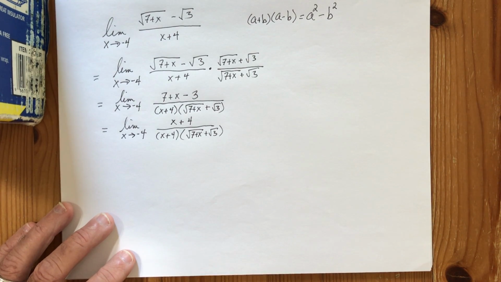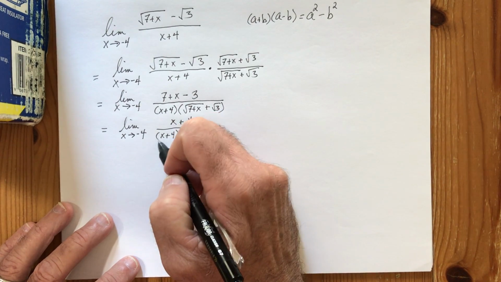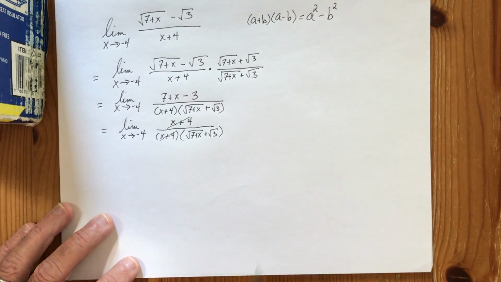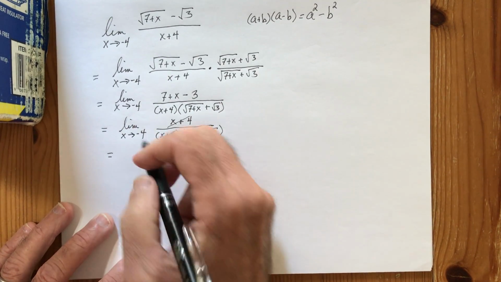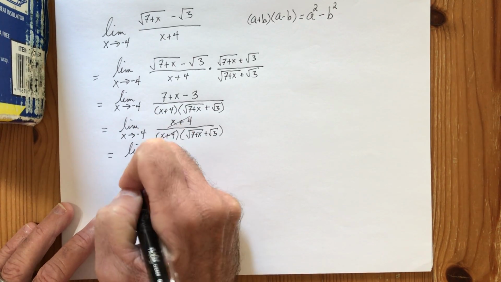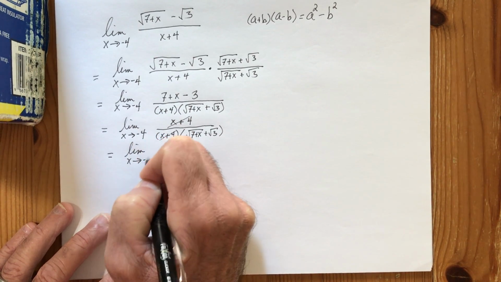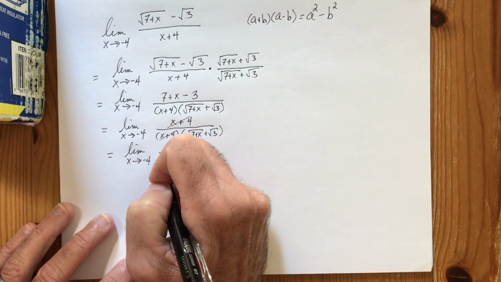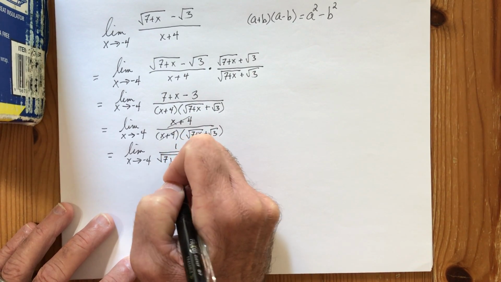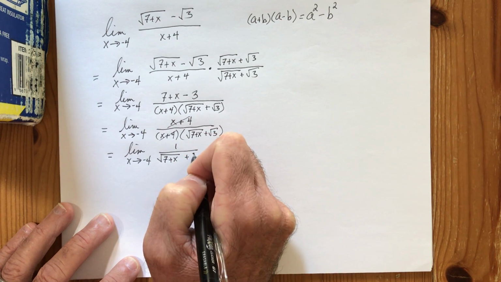Okay, so now hopefully you can see that we can cancel the x plus 4 both in the numerator and the denominator. And once those are gone, we get the limit as x approaches -4 of 1 over the square root of 7 plus x plus the square root of 3.